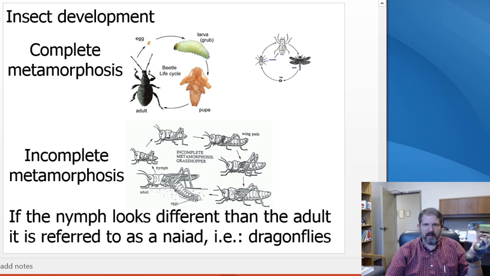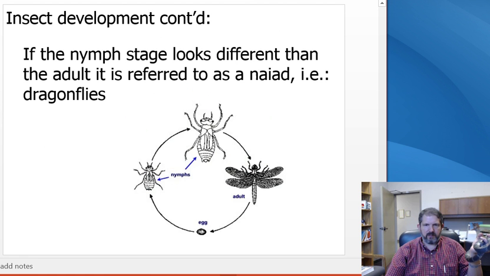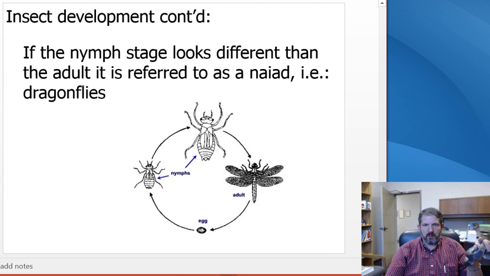So a dragonfly is an example of a naiad, a stage that, as a nymph, looks very different than the adult. A young nymph grasshopper still looks like a grasshopper. A young nymph dragonfly larva looks nothing like a dragonfly. Okay.